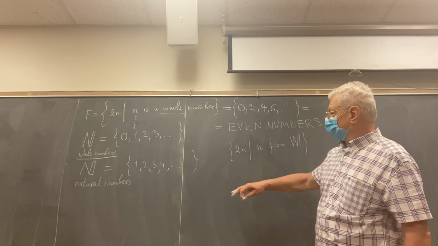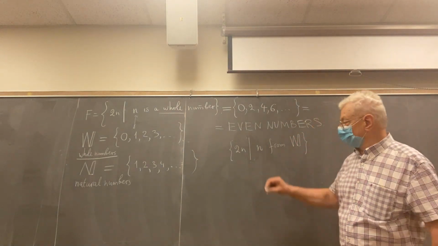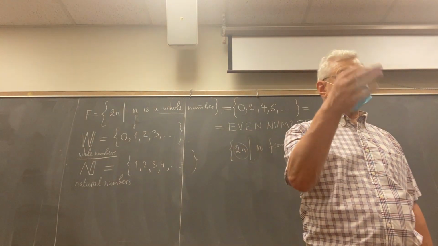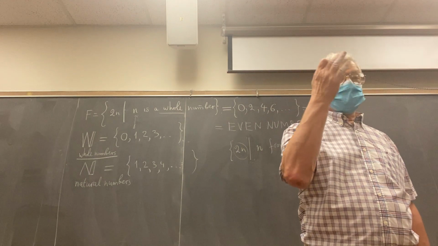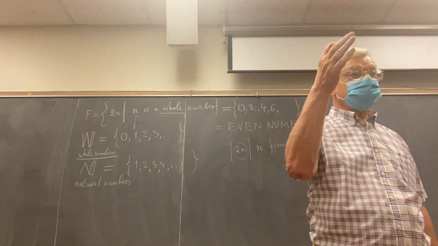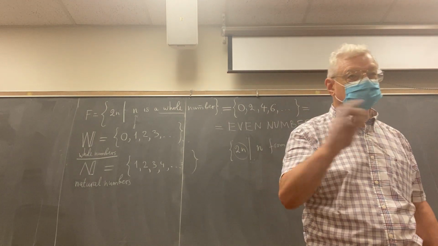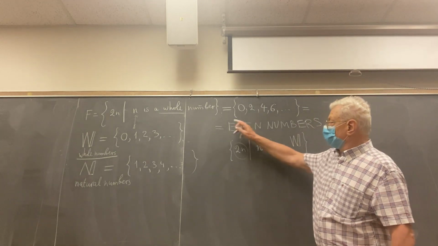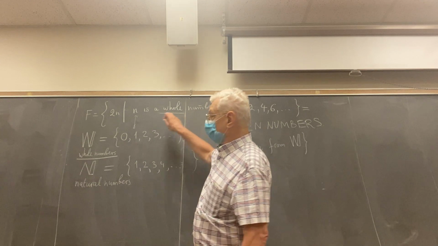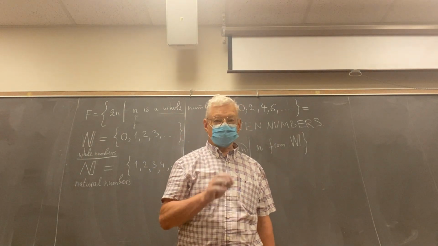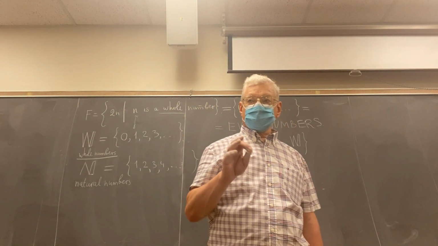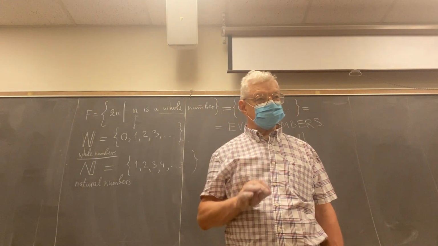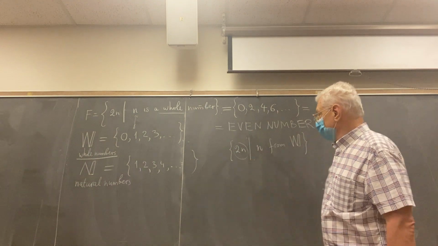Got it? So all even numbers are described as 2 times n. 0 is 2 times 0, so it's even. 5 is 2 times 2.5. It's not even because n must be a whole number, but 2.5 is not a whole number. 2 times 2.5 is 5, but 2.5 is not an integer. That's why the product is not in that set.